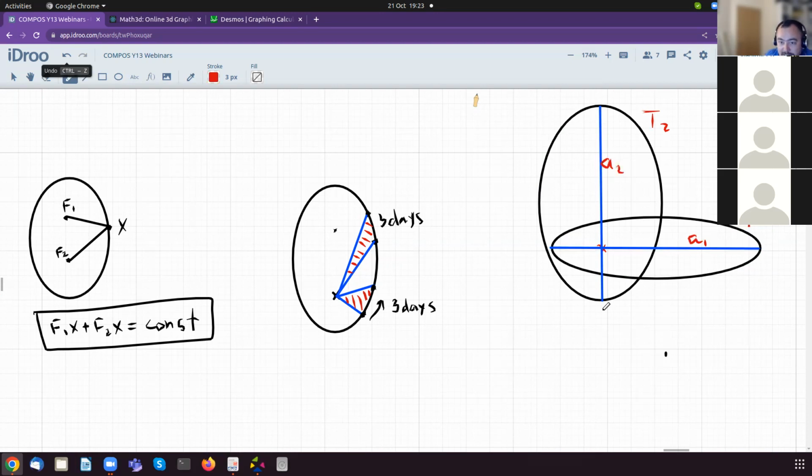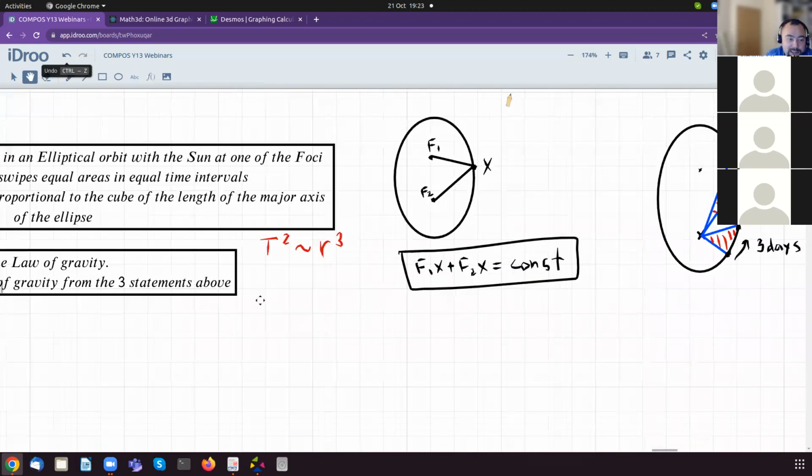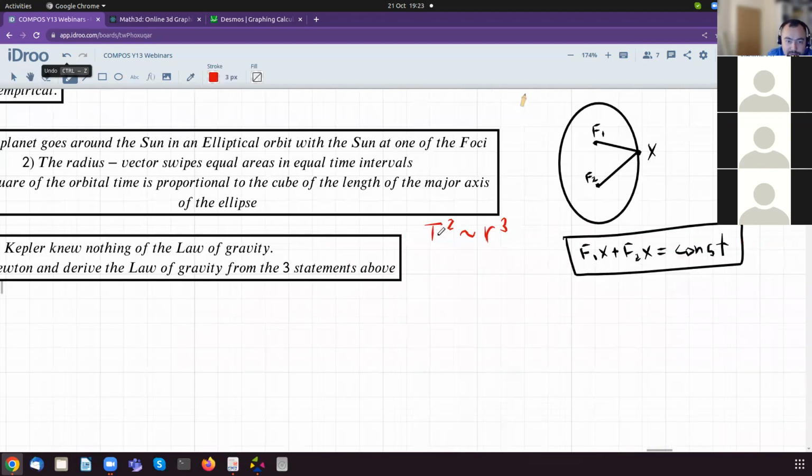This is the major axis. That means T1 squared to T2 squared is equal to A1 cubed divided by A2 cubed. This is the third Kepler's law. But for circular orbits, it's just the radii. It's just the radius.